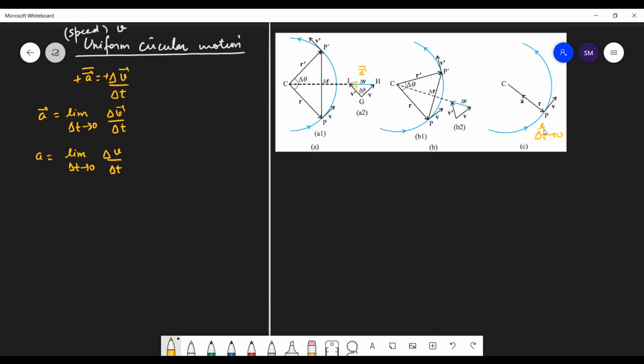So this is the instantaneous acceleration, and I am interested in the magnitude of this acceleration.